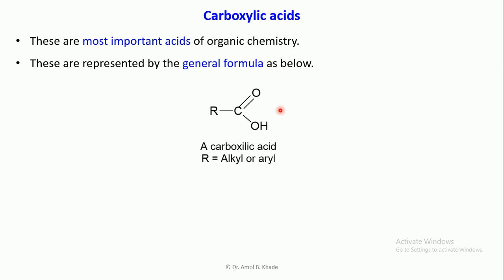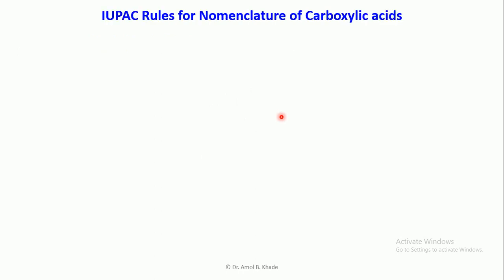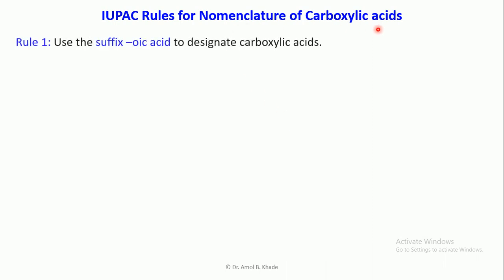Now we will see how these carboxylic acids can be named. So we'll discuss the IUPAC rules for nomenclature of carboxylic acids. Rule number 1 says you have to use the suffix oic acid to designate that it contains the carboxylic acid functionality.